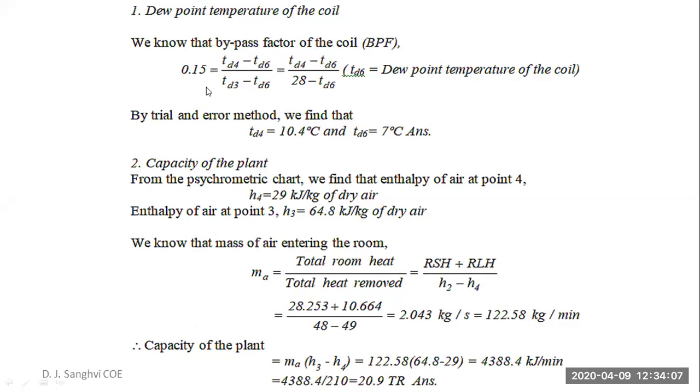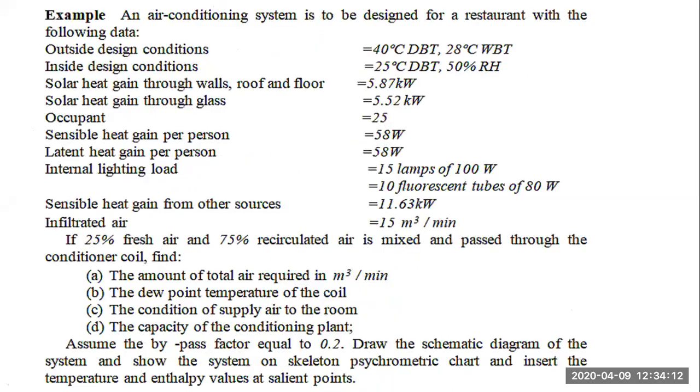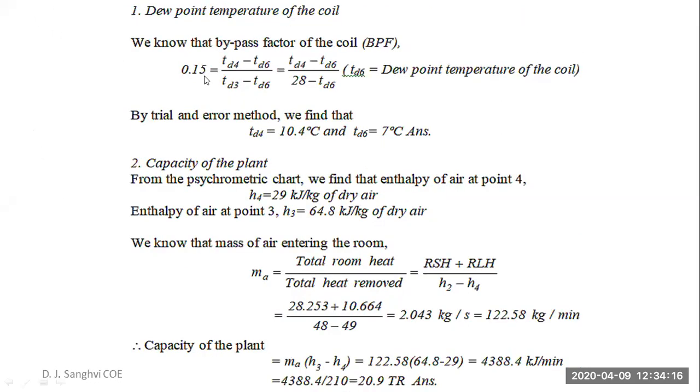So for a bypass factor value to come as 0.15, there will be one set of values for T4 and T6 which is going to satisfy this condition. By trial and error method you should be able to get these values.